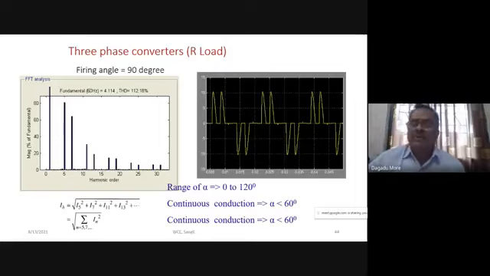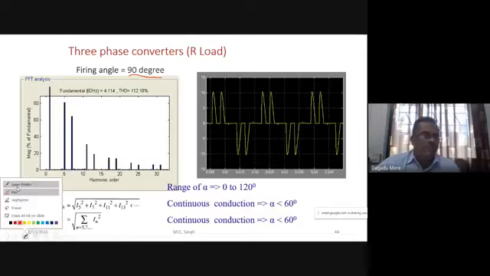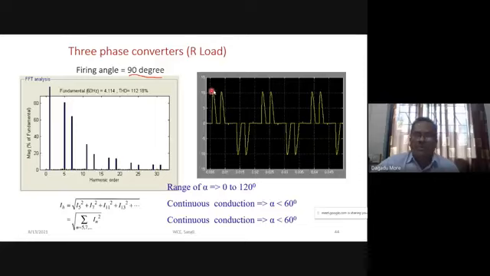This is our current waveform for alpha equal to 90 degrees for resistive load. 2 pulses at the positive and 2 pulses at the negative.